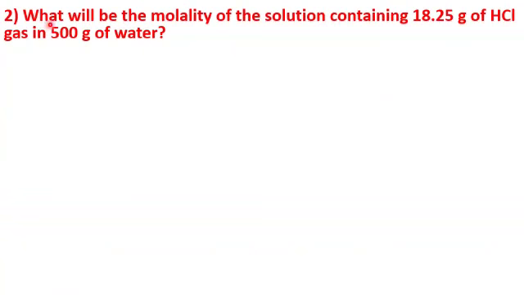Question number 2. What will be the molarity of the solution containing 18.25 gram of HCl gas in 500 gram of water? So options are given. First one is 0.1 molar, second one is 1 molar, third one is 0.5 molar, fourth one is 1 molar.